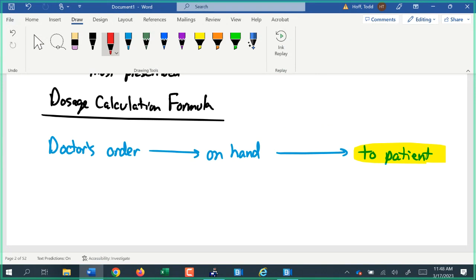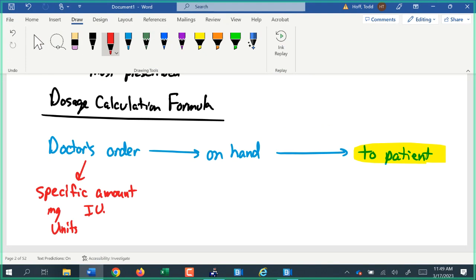So the doctor's orders are going to be a specific amount, but usually in terms of milligrams or international units or just units, or some other unit that is very specific, not ambiguous at all.